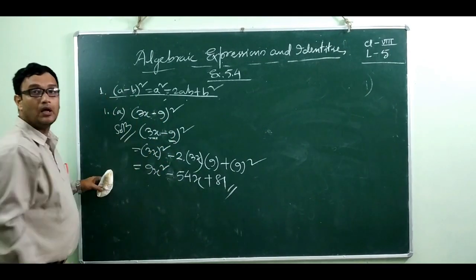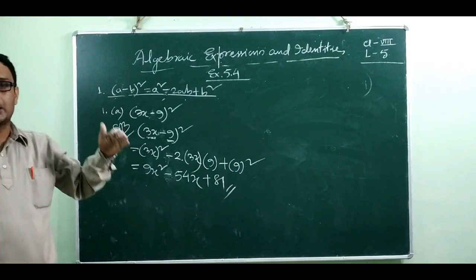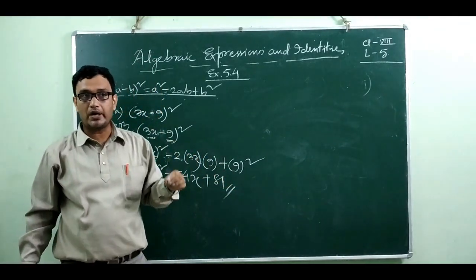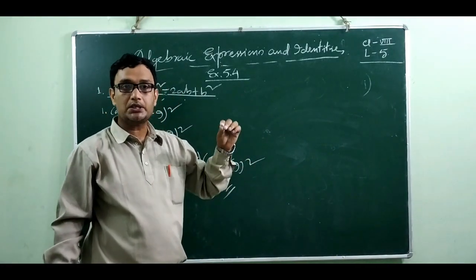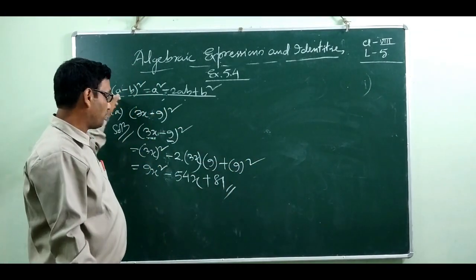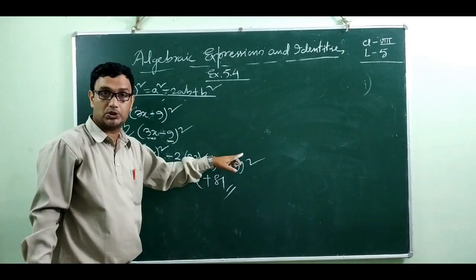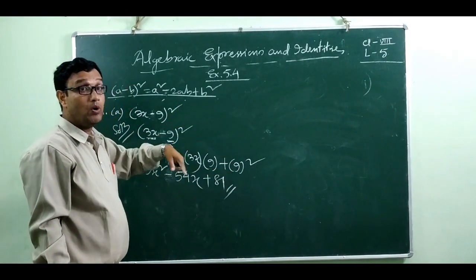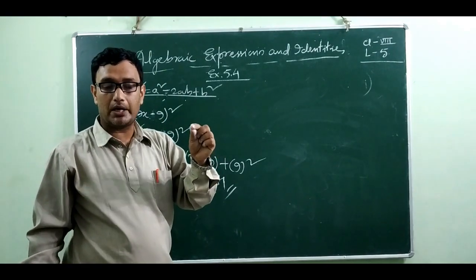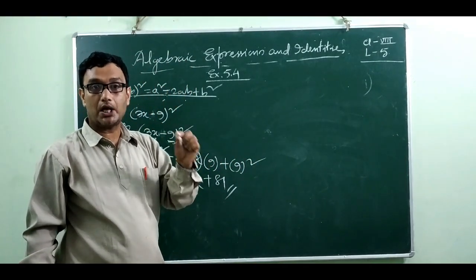Identity 1 means (a plus b) whole square. (A plus b) whole square formula means what? a square plus twice ab plus b square. So already I told you how to use the formula. In the first question all are plus, that's why a square plus twice ab plus b square was there. But now in question number 2 it is given using the identity (a minus b) whole square equal to a square minus twice ab plus b square.